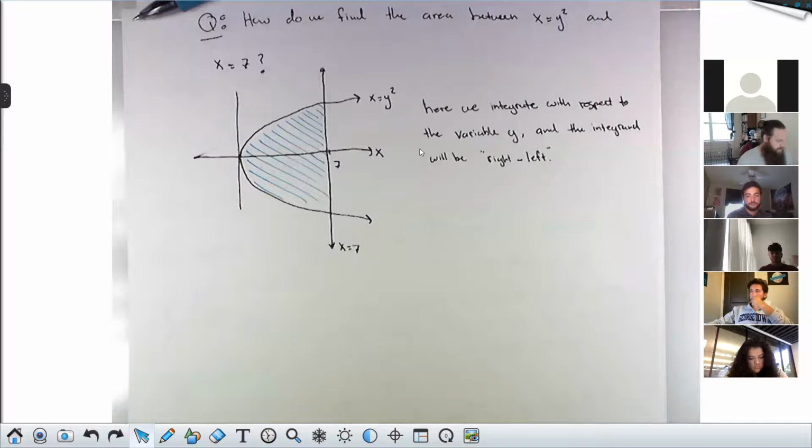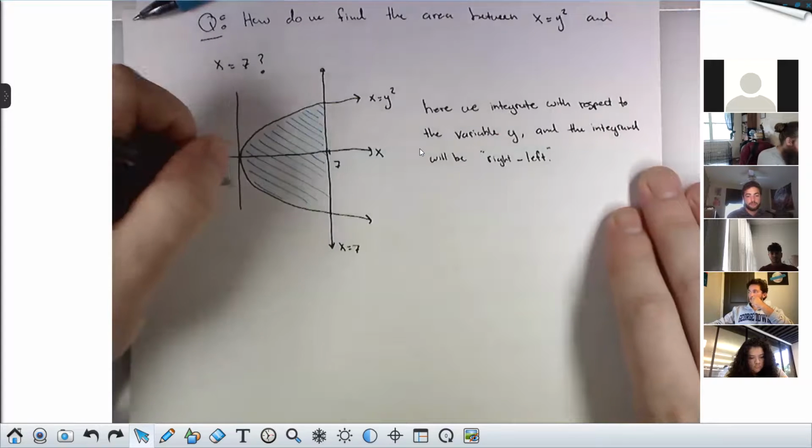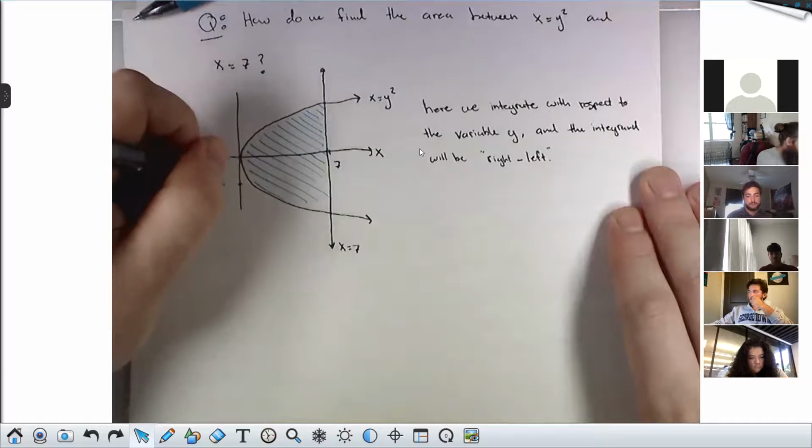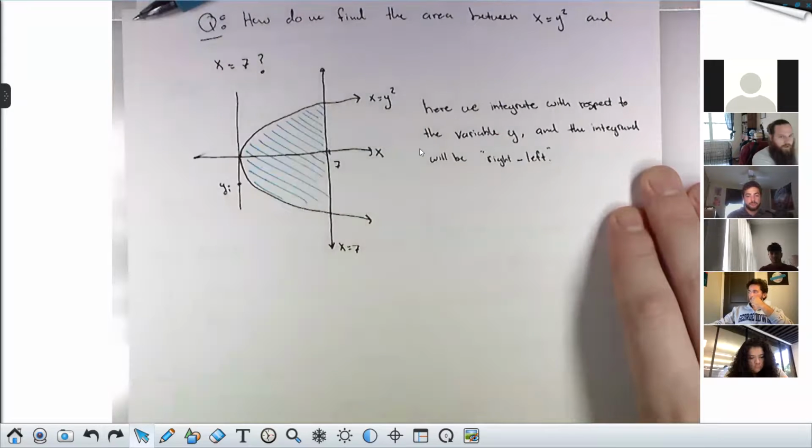In other words, if you want to think of the Riemann rectangles here, we can do that. I can pick a generic point on the y-axis, call it yi.